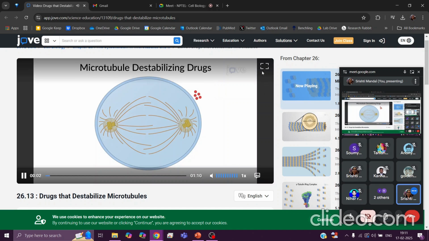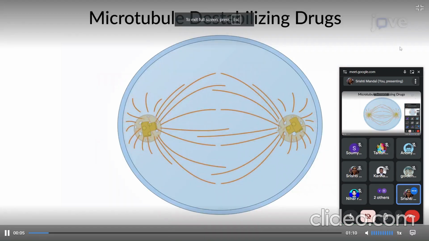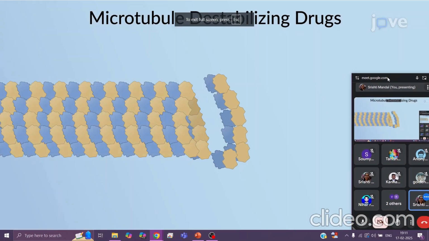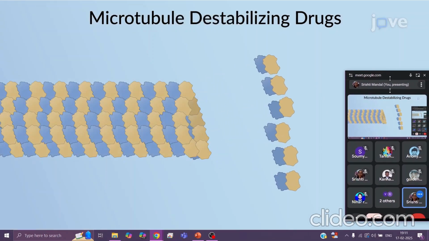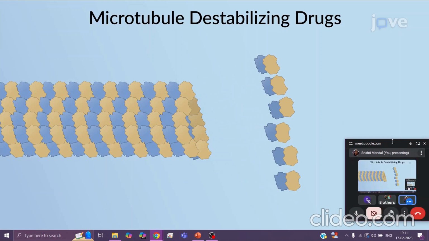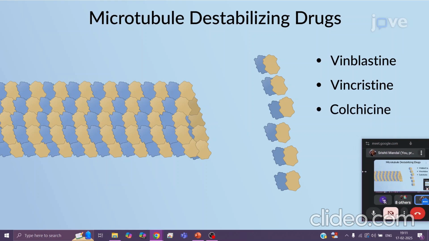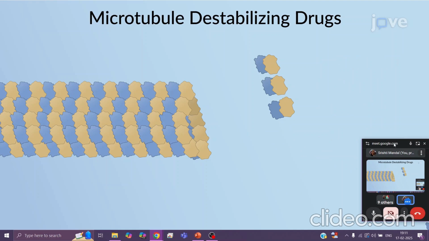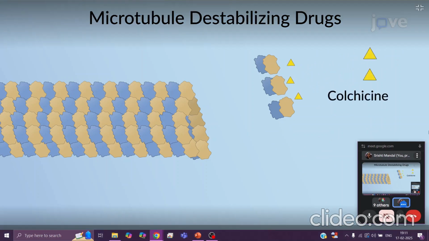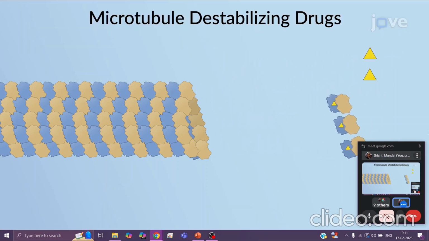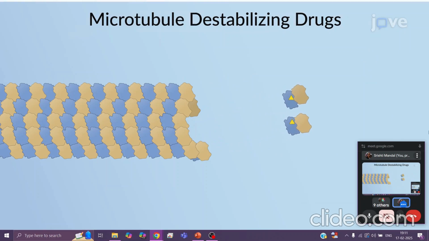Microtubule destabilizing drugs can prevent polymerization or promote depolymerization of microtubules. Examples include natural agents like vinblastine, vincristine, and colchicine, and synthetic drugs like nocodazole. Colchicine, a plant alkaloid, inhibits microtubule assembly and promotes disassembly of preformed microtubules.